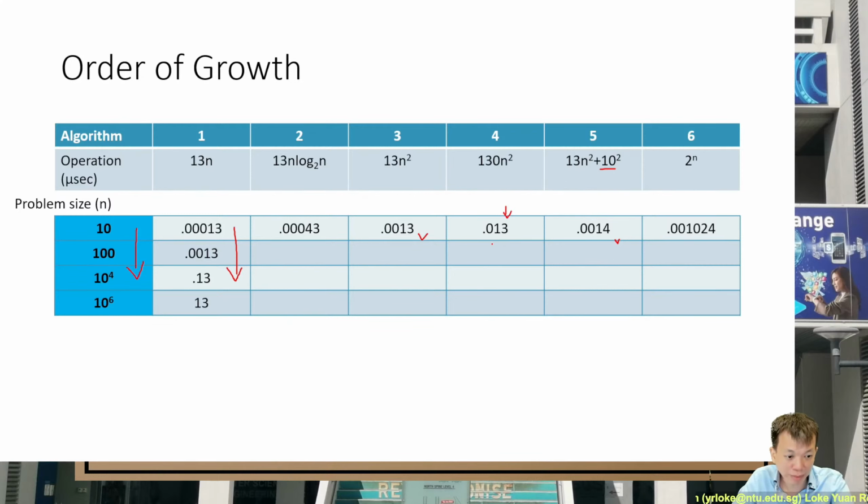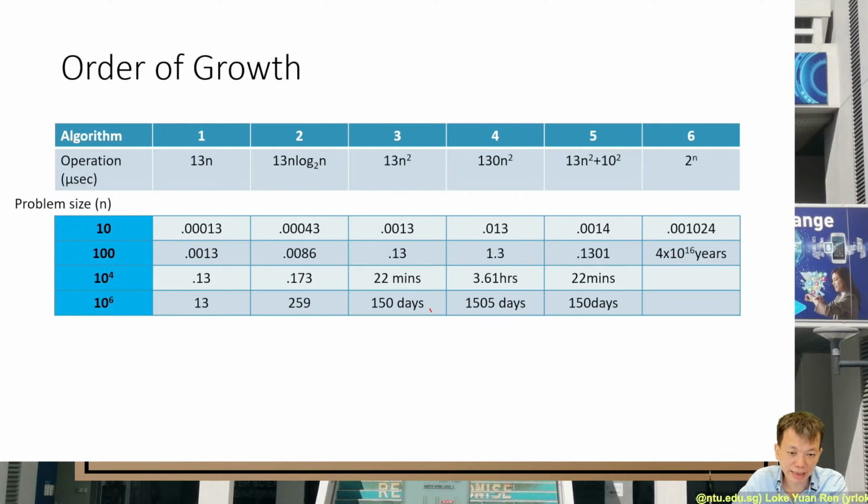But when I increase the problem size, you will find that if you compare the first algorithm and the second algorithm, when your problem size is 1 million, you already need nearly 5 minutes to do it. But this one, 13 seconds can complete. If you further move to n squared, you will find that it takes days.